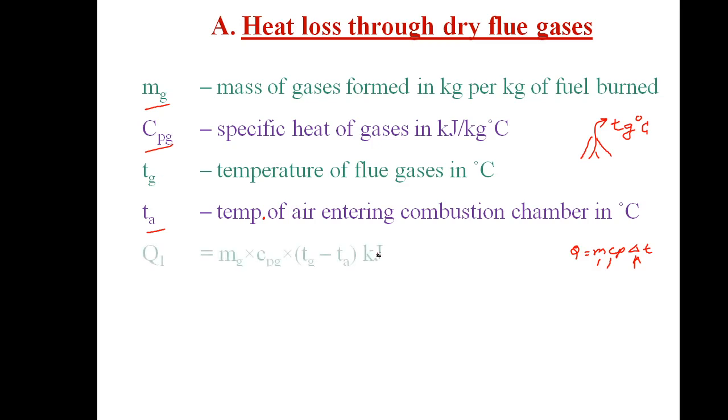Q1 is the amount of heat carried by flue gases into the atmosphere, where Mg is the mass of hot gases, Cpg is specific heat, Tg is the temperature of gas discharged into the atmosphere, and Ta is the temperature of air entering into the combustion chamber. This is the amount of heat energy we calculate in kilojoules.